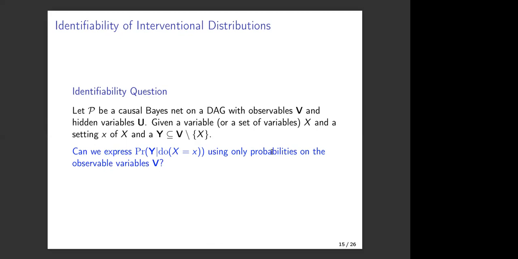Given a graph, let's say a DAG, which you know, with a set of observable variables V and hidden variables U, and given a variable, you want to express the probability of Y if you intervene on X, and you can only see the probabilities on the observable variables. Is there a way you can express this quantity using only observable variables?